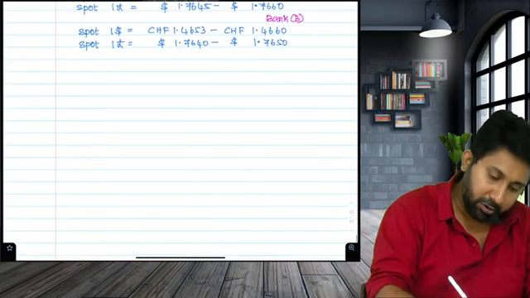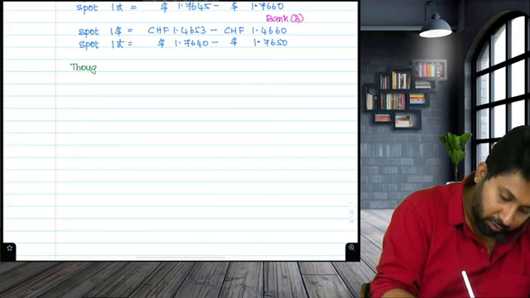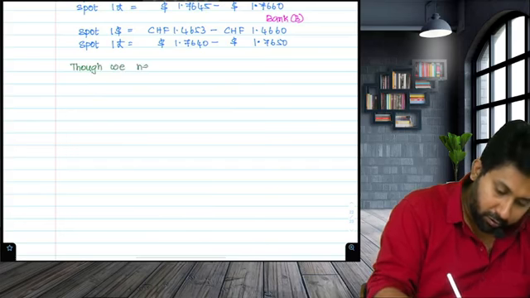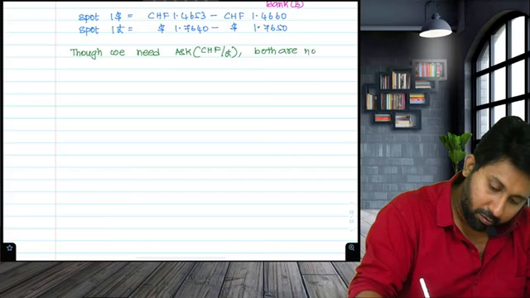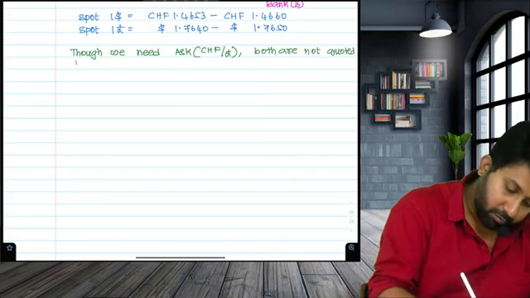Now below write down clearly, though we need the ask of CHF by pound, both are not quoted to each other.